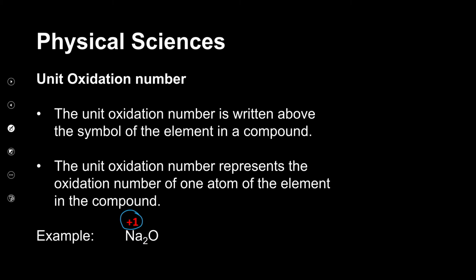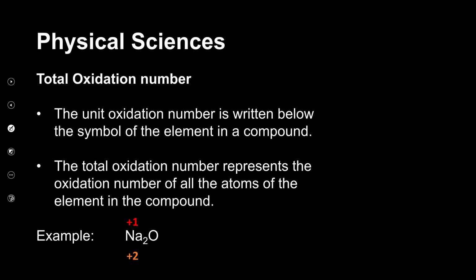But because in this compound, sodium oxide, there are 2 sodium atoms, the total oxidation number for this element is +2. Okay, hope it makes sense. The unit oxidation number represents the oxidation number of one atom of the element, in this case +1. But what about the total oxidation number?